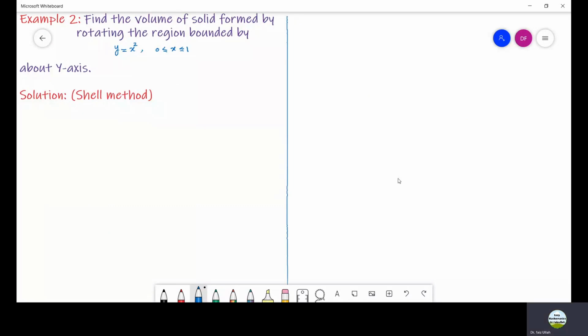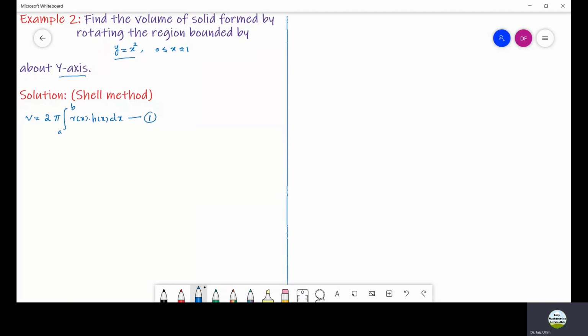In example 2, we are given a function y equal to x squared, and we are rotating the region about the y-axis to generate a solid. To use the shell method to find the volume, we have the formula V equal to 2π, integration from a to b, of r of x times h of x, dx.